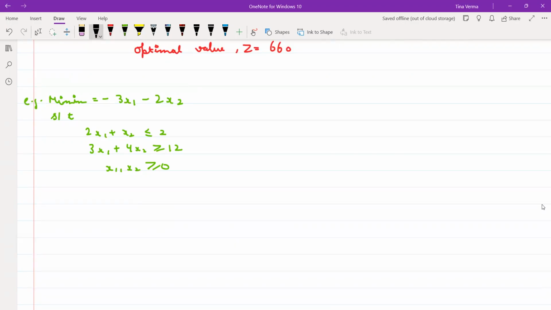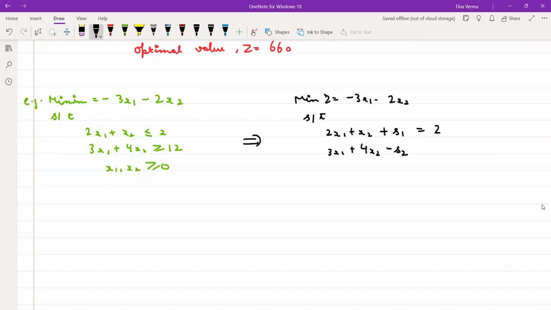When you want to apply the simplex method, you cannot apply it directly because here the inequality is greater than. Simplex you can apply only if you can add a slack variable in every constraint, right? So when you convert it into standard form, it will be: minimize z equals minus 3x1 minus 2x2, subject to the constraints 2x1 plus x2 plus S1 in the first, and 3x1 plus 4x2, where you subtract your surplus variable.